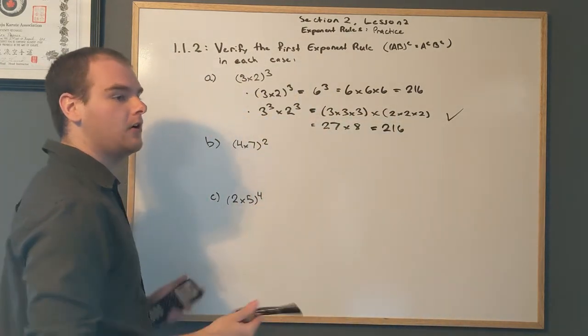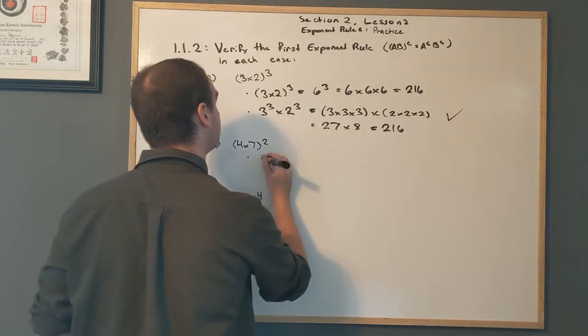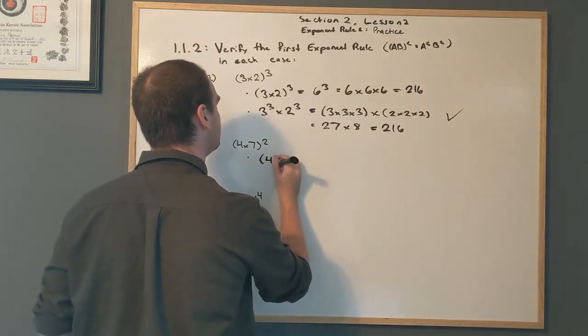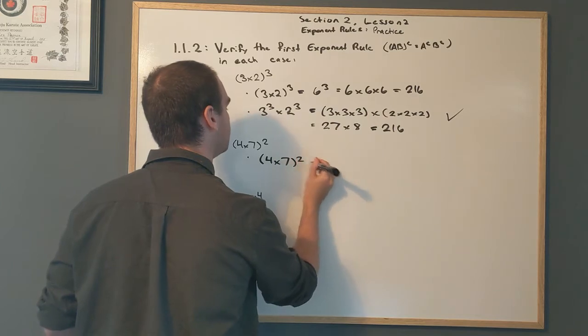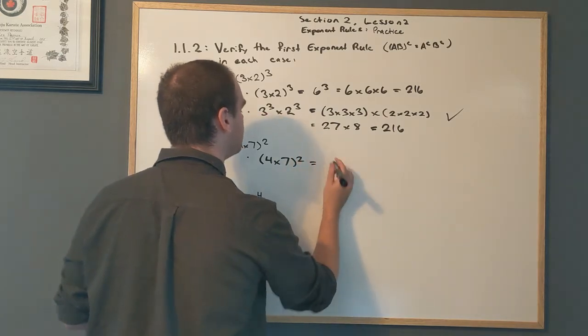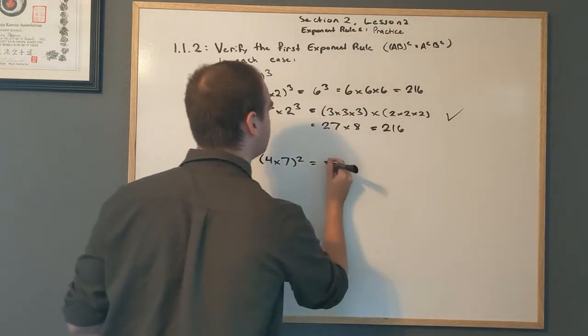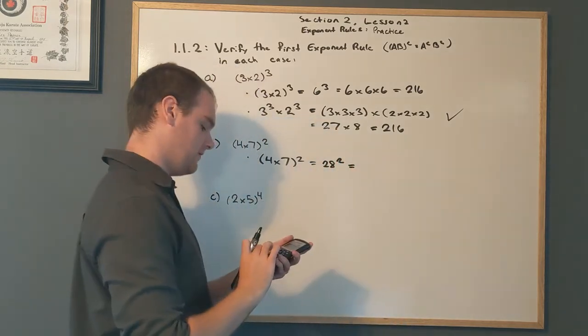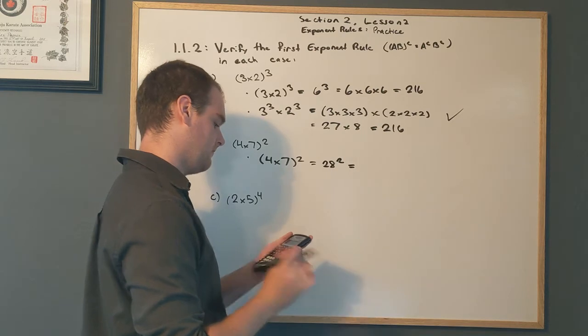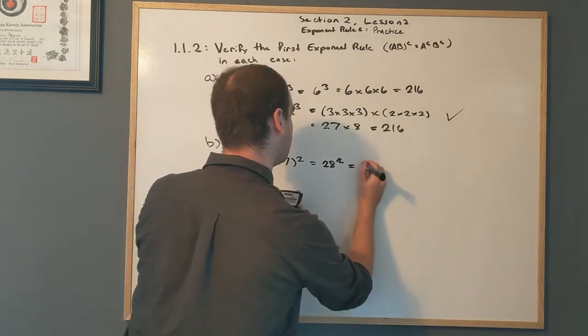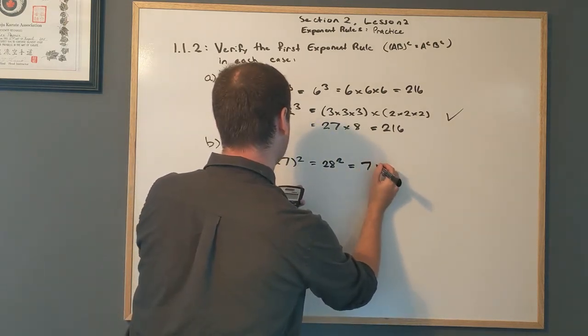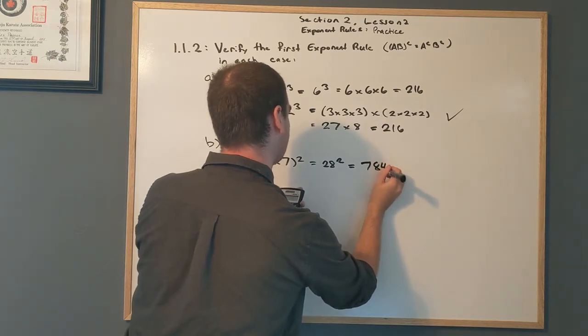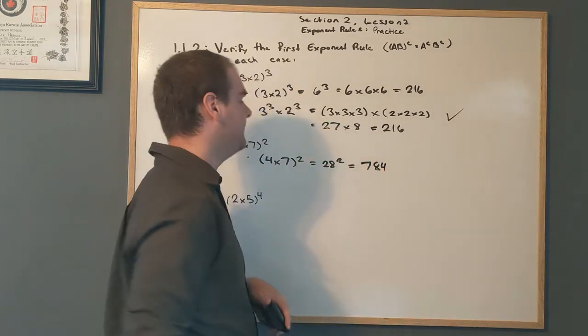4 by 7, all of that squared. First, we're going to multiply the base. So 4 by 7 is 28. We square that. Is 784.